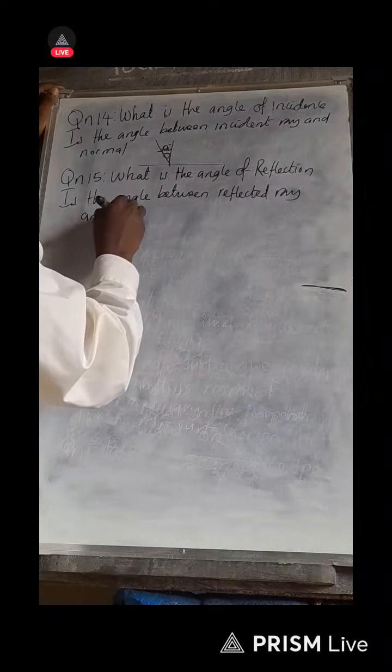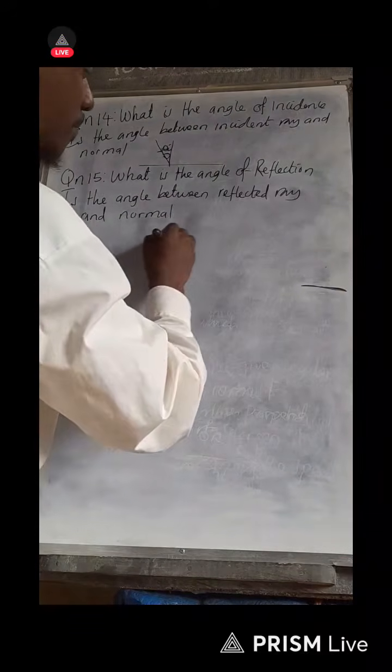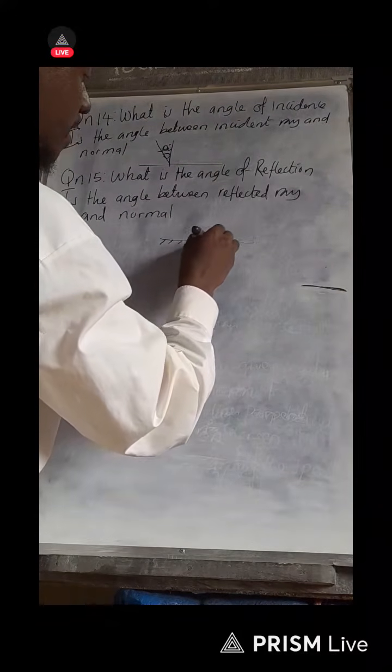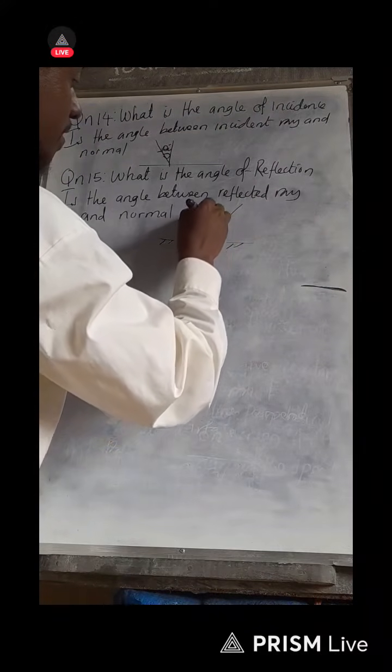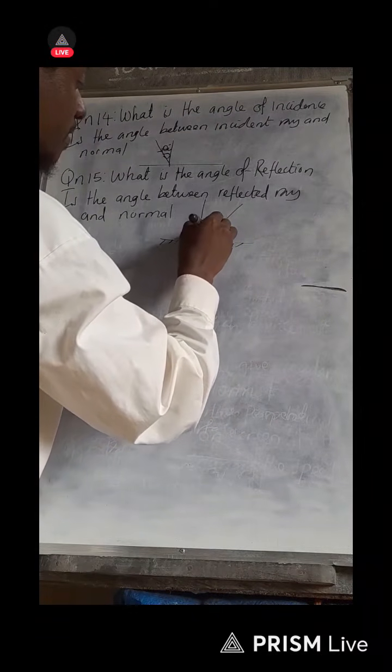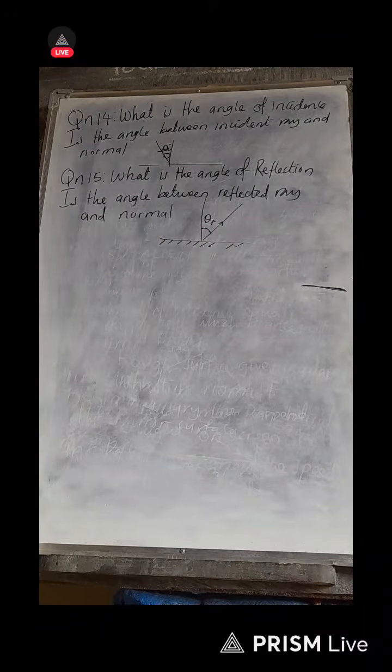If you have the plane mirror like this, the reflected ray running away like this, and here is the normal, then this angle is the angle of reflection.